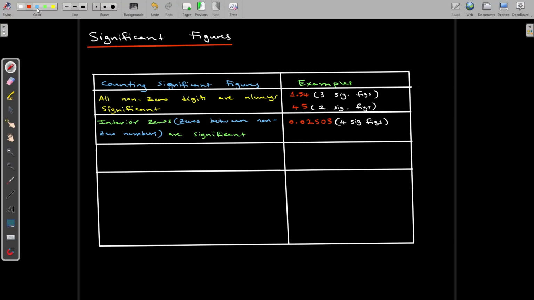Alright, how about this number? 3.00674. How many significant figures are there? Four. Sure? Six. Yes, sir. What are the significant figures? 3, 6, 7, 4. What about the zeros between non-zero digits?